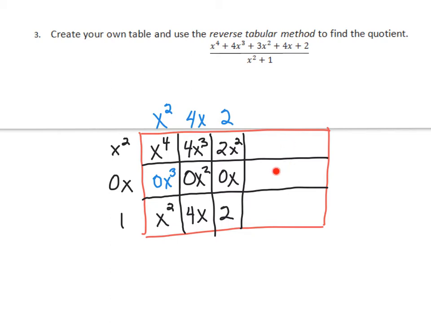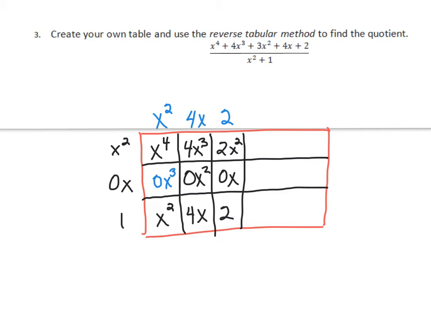Even though it looks like there's extra columns or extra spots in my table, I made it extra big so that I would have enough room to put everything, but I don't have to use the whole thing. So this tells me that I'm completely done with this division. The other thing that tells me I'm done is that in my answer, in my quotient, I ended up with a constant.